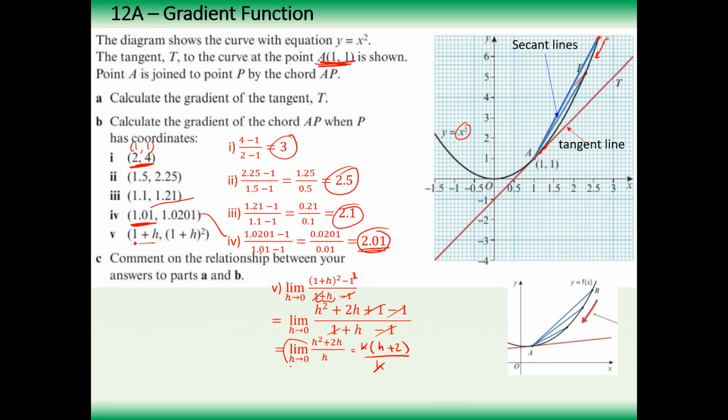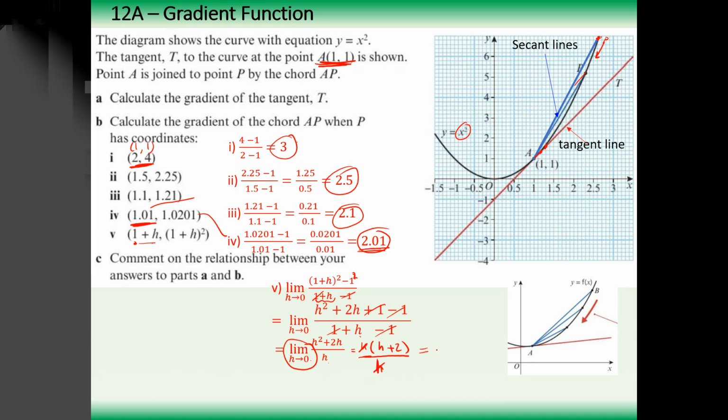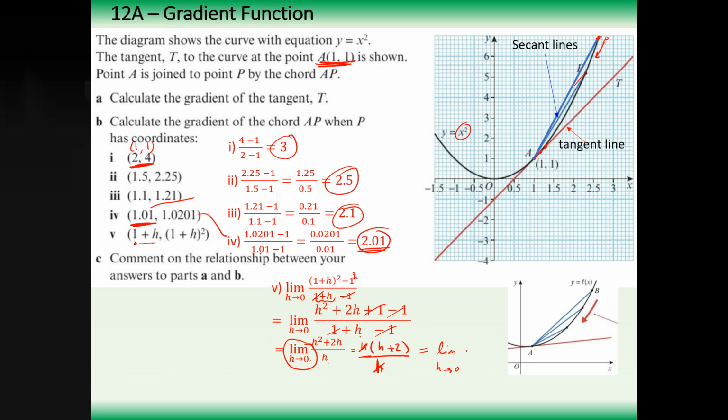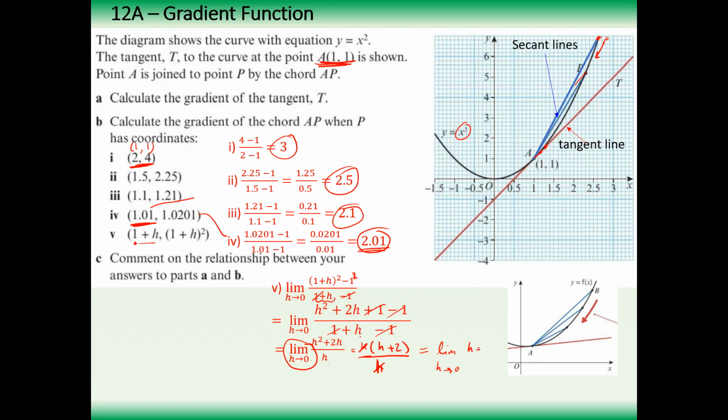Now this limit is there because we couldn't earlier divide by 0. We couldn't substitute here because we had an h in the denominator, and in maths we're not allowed to divide by 0. But now that the h has cancelled away, we're left with this expression: the limit as h goes towards 0 of h plus 2.